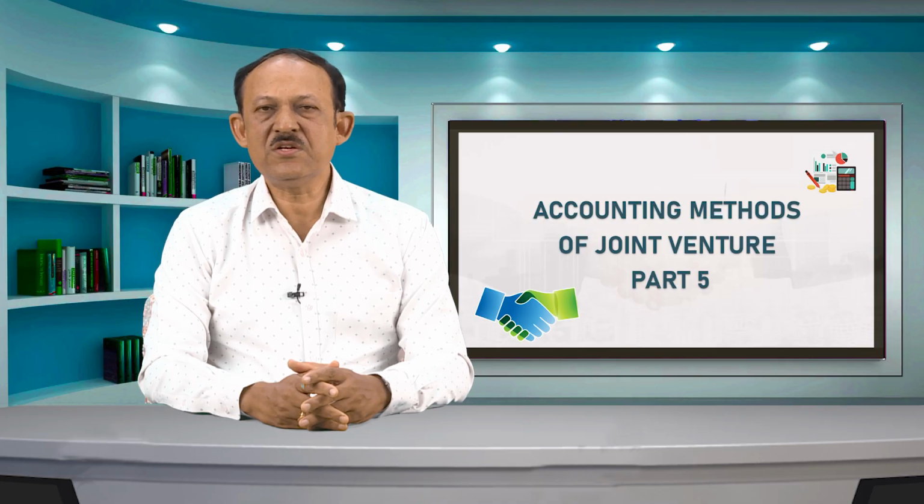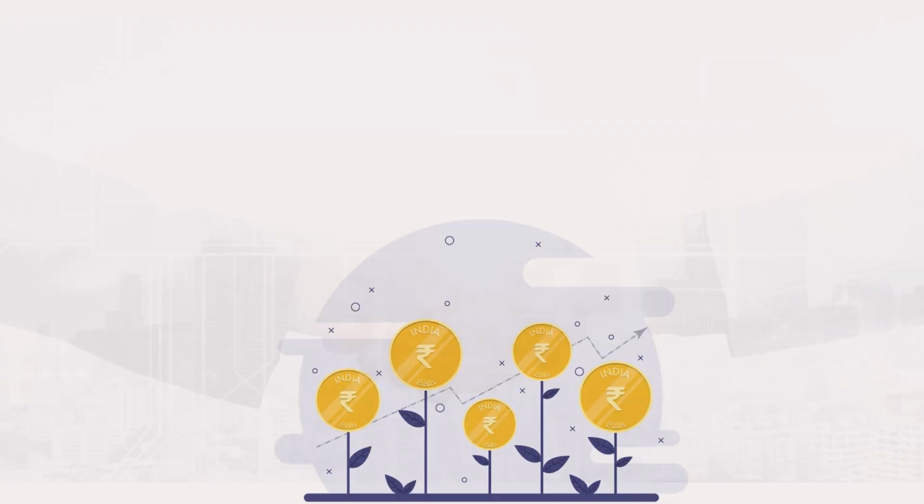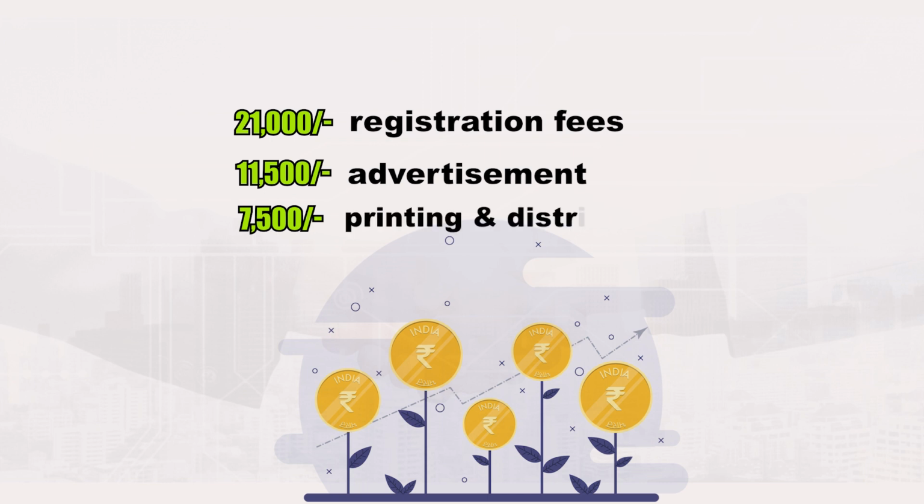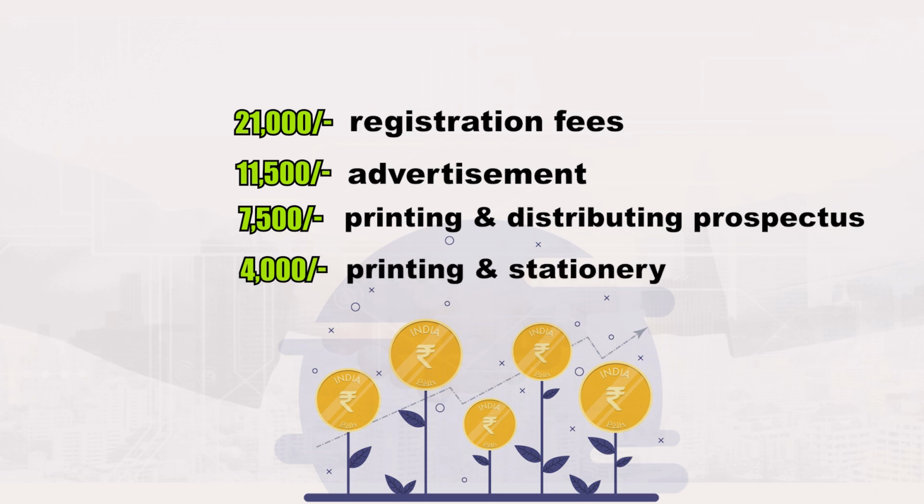The consideration in return for this underwriting was allotment of 10,000 other shares of rupees 10 each at par to be issued to them fully paid. Satish provided for rupees 21,000 registration fee, rupees 11,500 advertisement, rupees 7,500 for printing and distributing prospectus and rupees 4,000 for printing and stationery.